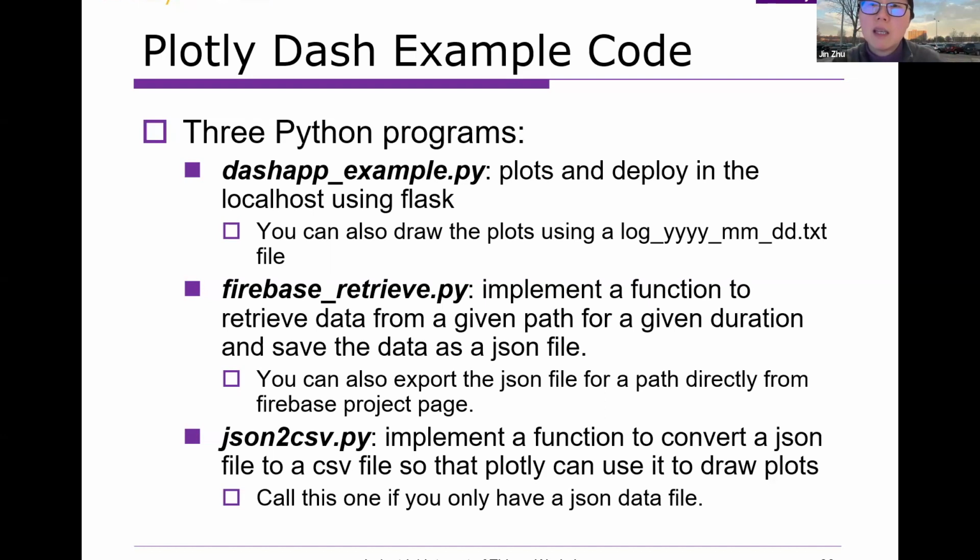Okay, so the different data fields are represented in each column. And then we could convert it to a CSV file, so that your Dash app example file can prepare the plots based on this data.